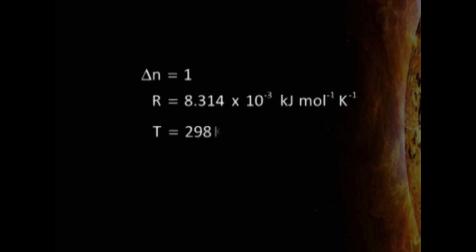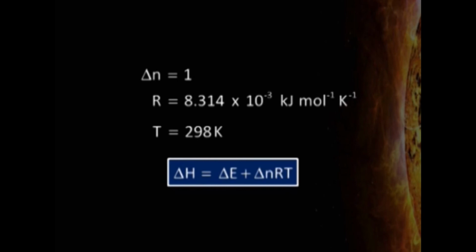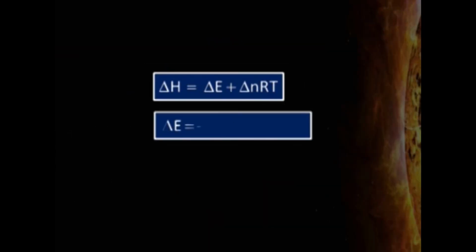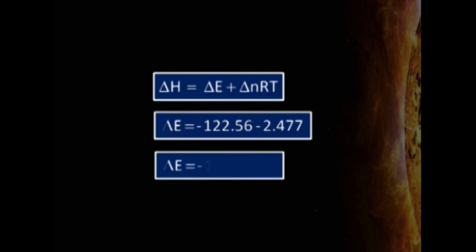As temperature is 298 Kelvin, putting all the values in the equation delta H equal to delta E plus delta N RT, you will get delta E is equal to minus 122.56 minus 2.477, which is equal to minus 125.037 kilojoules.